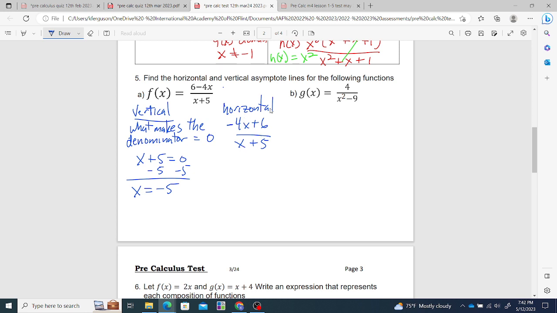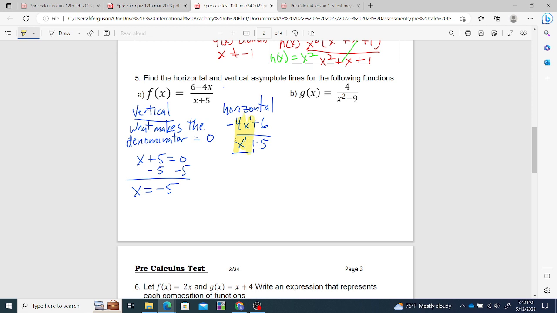It's almost like what we did when we were looking at end behavior. I pay attention to the term with the highest degree, right? The highest degree is 1 for both of those, because remember, when a variable has no exponent, the exponent is 1. So I'm going to focus on those parts.